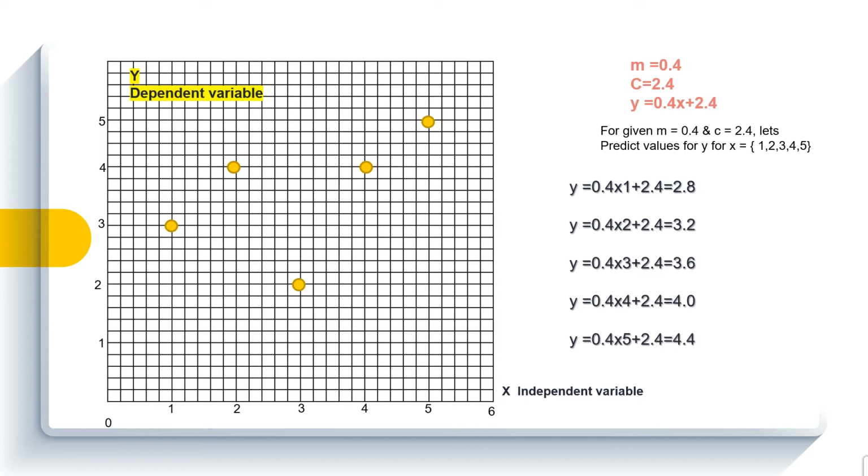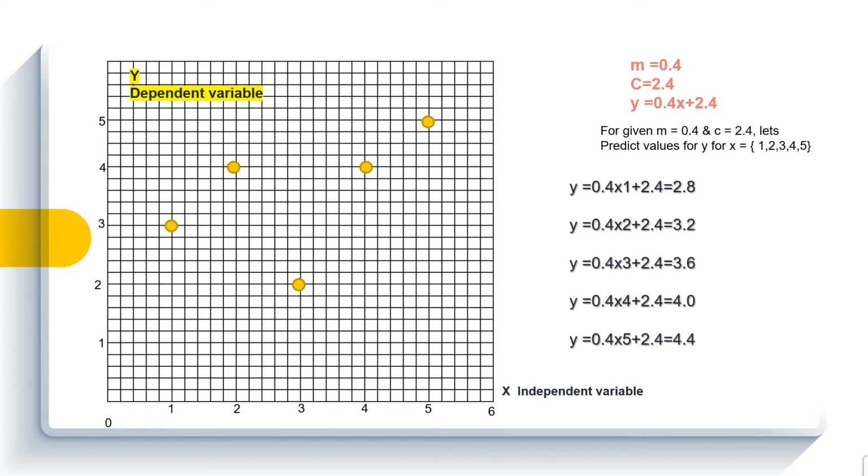So when x equal 1, the predicted value of y will be 0.4 multiplied by 1 plus 2.4, that is 2.8. Similarly, when x equal 2, the predicted value of y will be 0.4 multiplied by 2 plus 2.4, that equals 3.2.